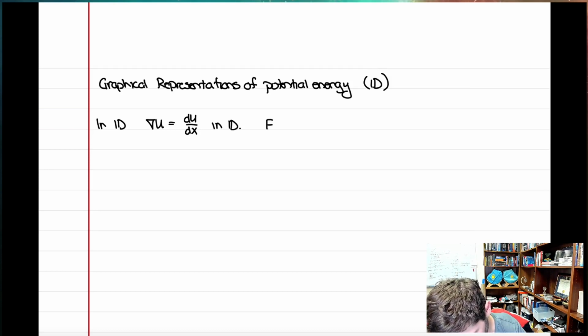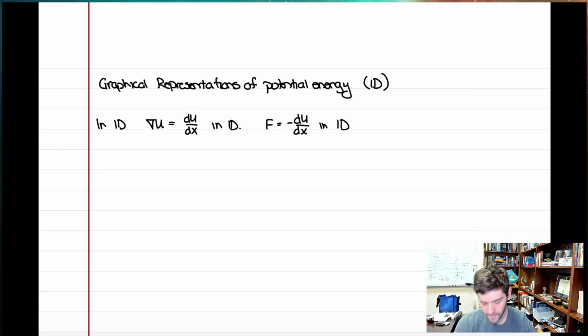So in that case, the 1D force is then negative dU/dx. And we don't have to worry about gradients or anything like that, since we don't have to deal with vectors in this case. So the force, again, now thinking back to just simple derivatives, the force is the negative value of the slope of the potential energy function.